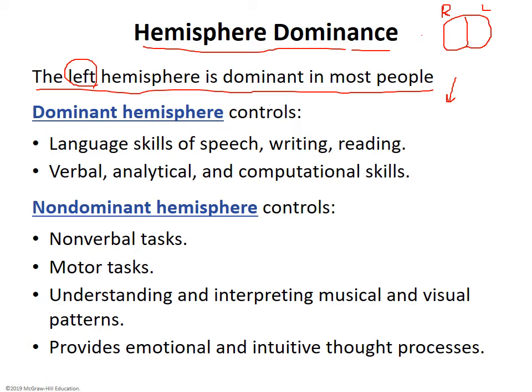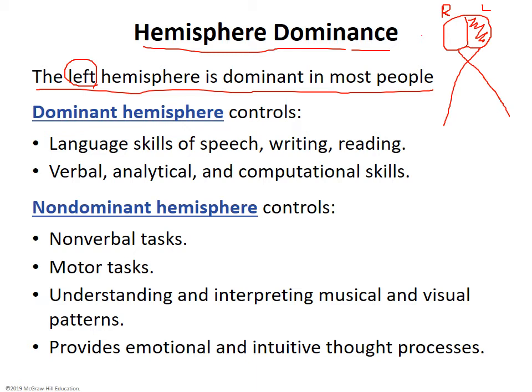In most people, the left side is the dominant side, and most people have heard that if you are right-handed, you are left brain dominant, and if you're left-handed, you're right brain dominant.